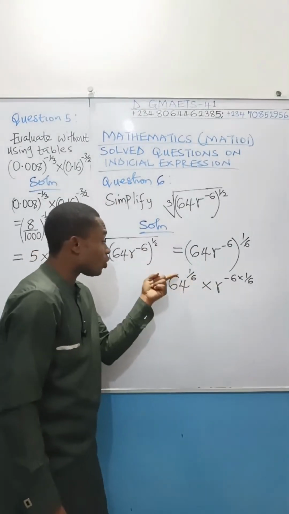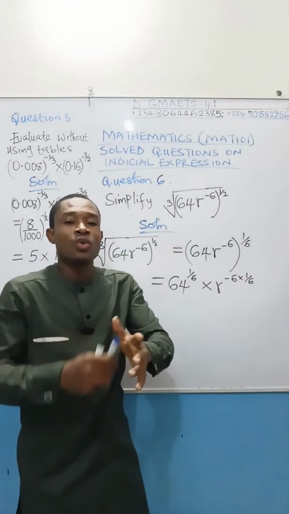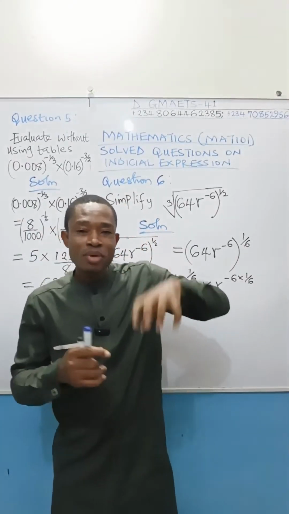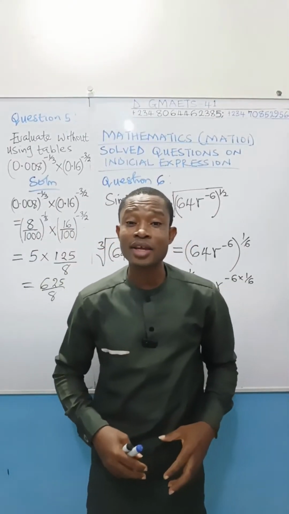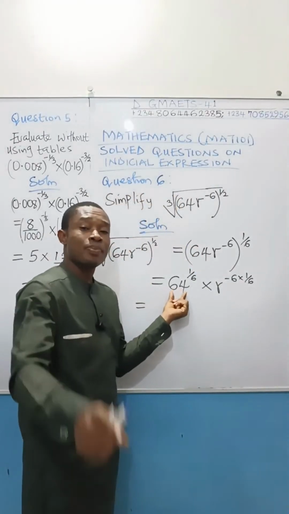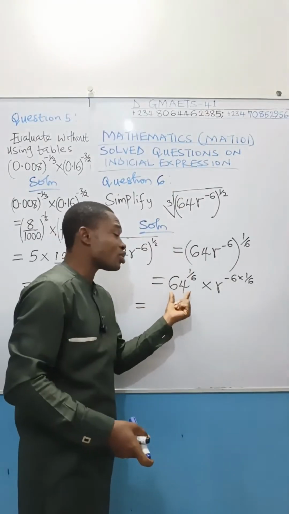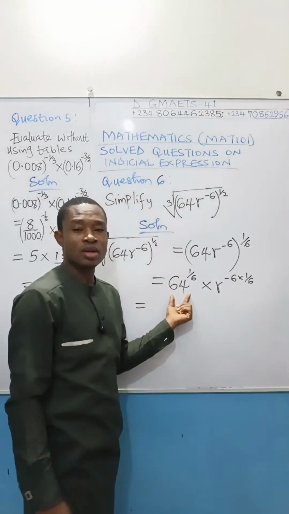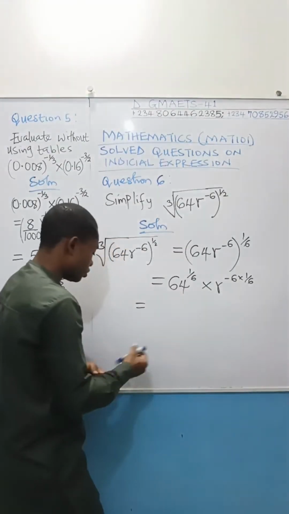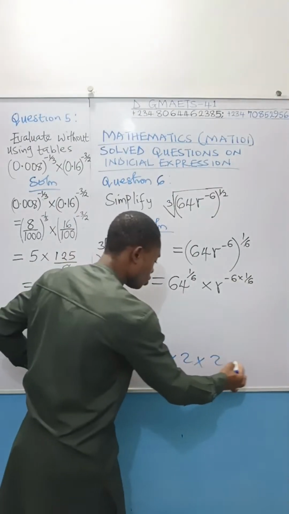If I am looking for the 6th root of 64, the answer will be that number you will multiply by itself 6 times in order to get 64. So which number will you multiply by itself 6 times so as to get 64? 2 is the number. 2 times 2 times 2 times 2 times 2 times 2.